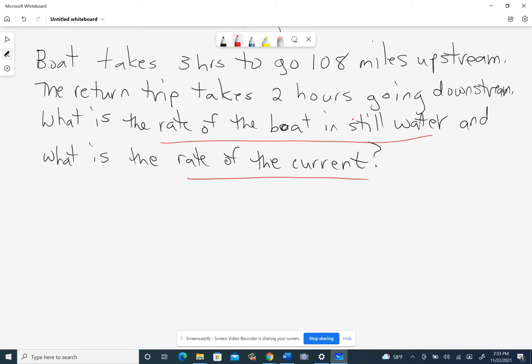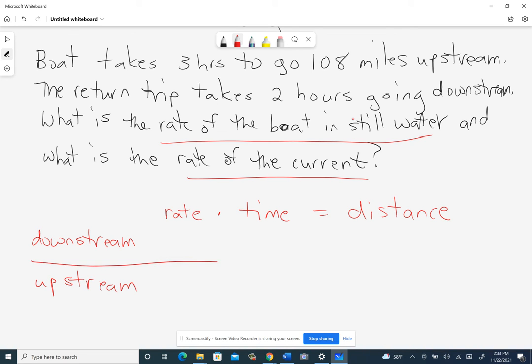So I kind of showed it like this. Rate times time, we know equals distance. Okay. We have the downstream situation. We have the upstream. You don't want to put X and Y in there for the downstream and the upstream.